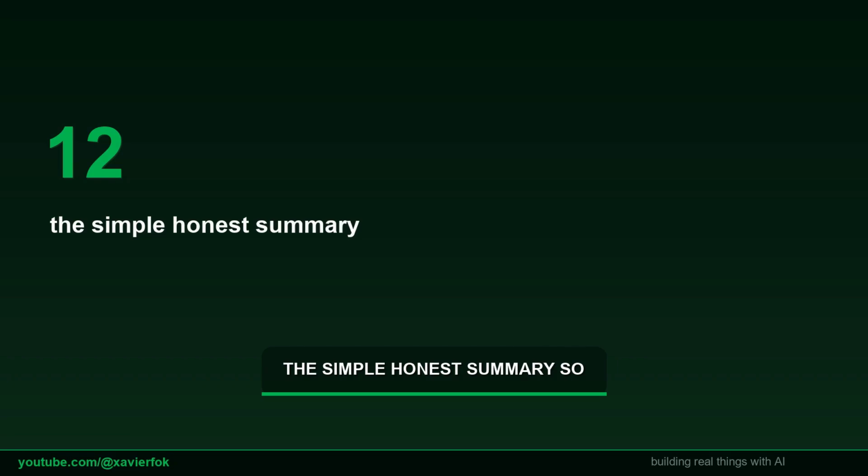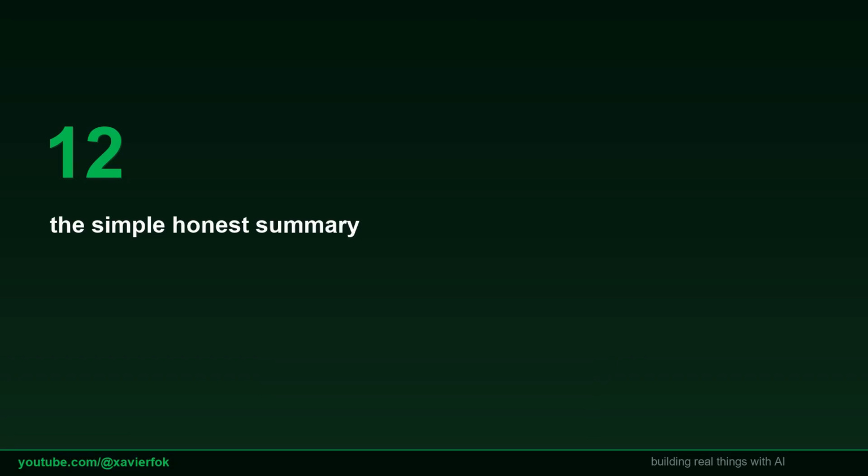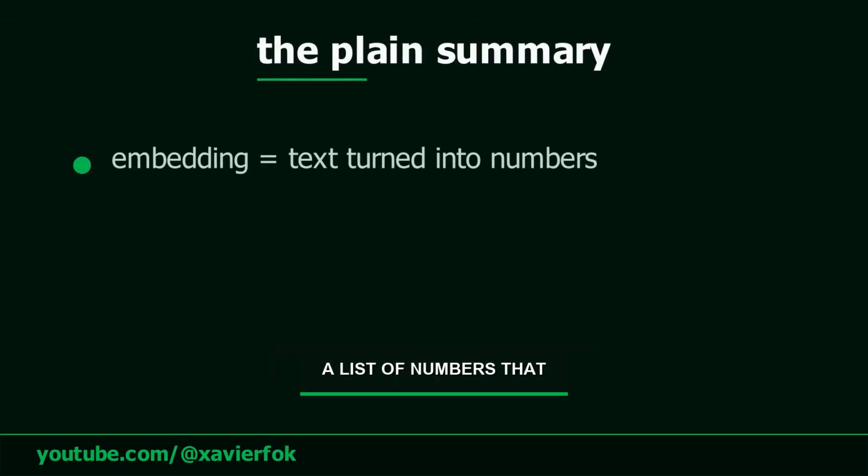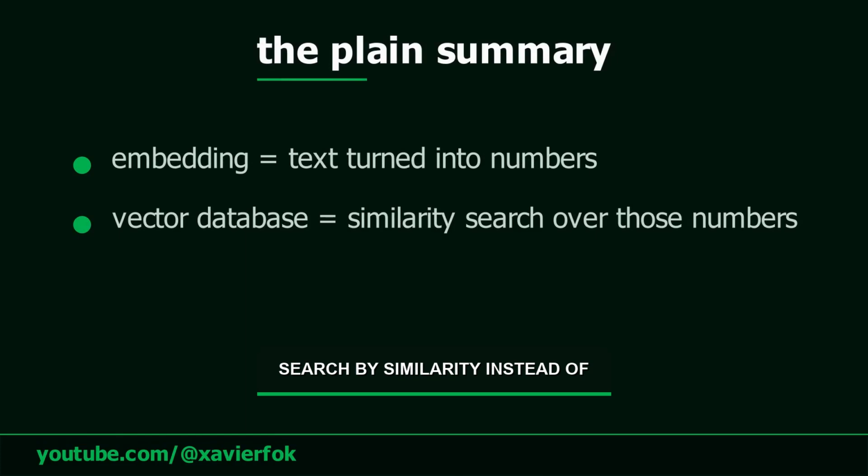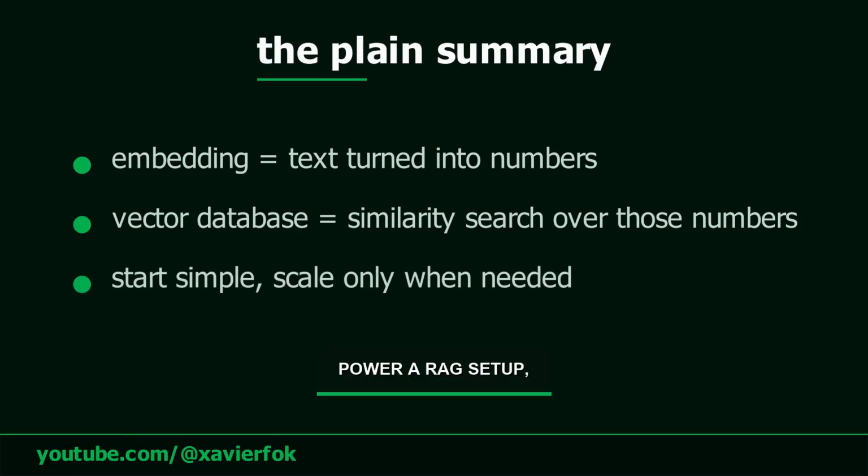The simple, honest summary. So here is the plain summary. An embedding turns text into a list of numbers that captures its meaning. A vector database stores those number lists and lets you search by similarity instead of exact keywords. That is useful when you need to find related content, power a RAG setup, deduplicate near matches, or build simple recommendations.